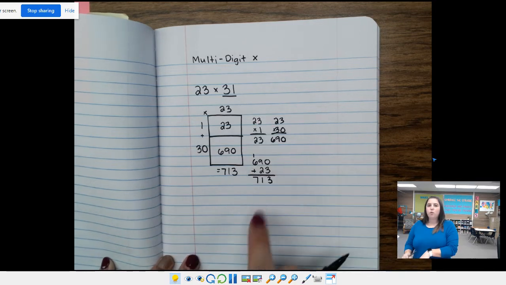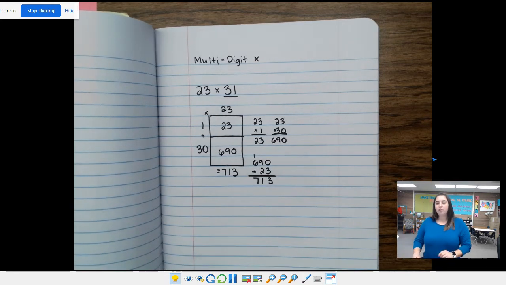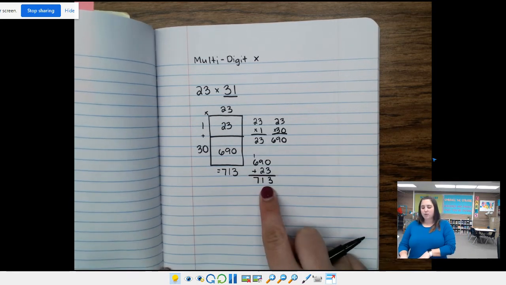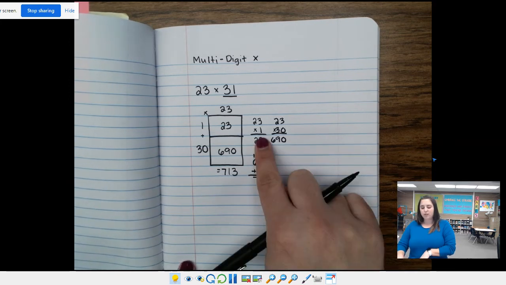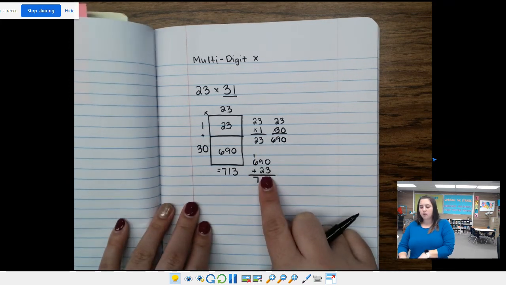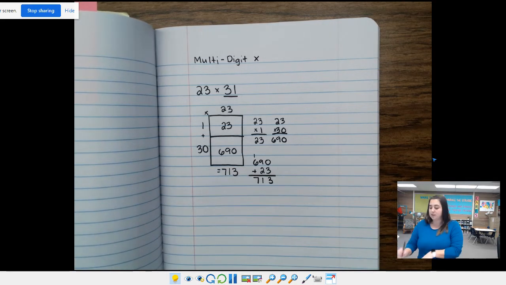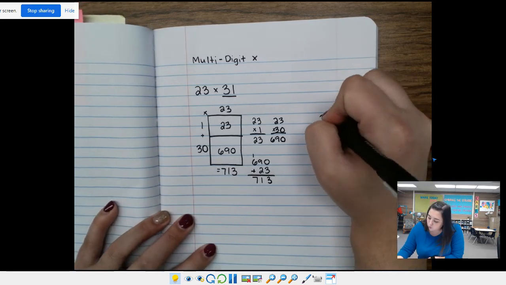This is a lot of work. That's a lot of work for just one multiplication problem. So let's look at the standard form to see how we can cut down so we don't have to do 3 different operations. So here's how I want you to write it. I'm going to use my pencil to do my 23.